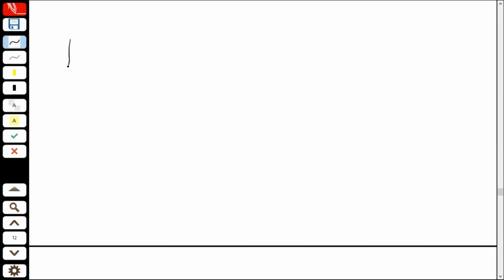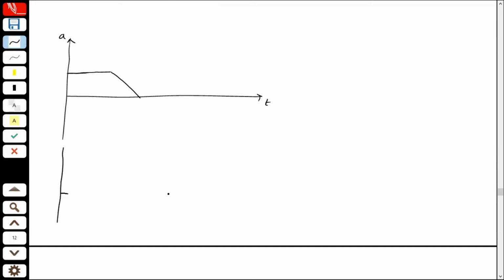Now let me discuss one more example. Let's suppose we have this acceleration time graph and we have to sketch the velocity time graph. Up to this point, acceleration is constant.